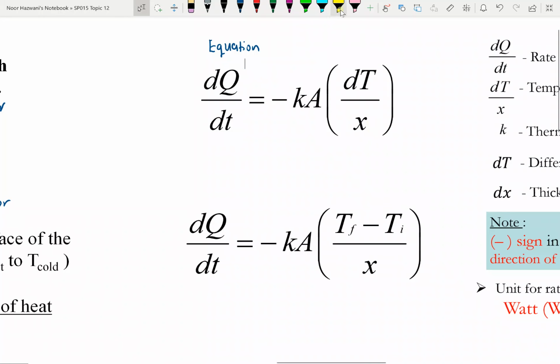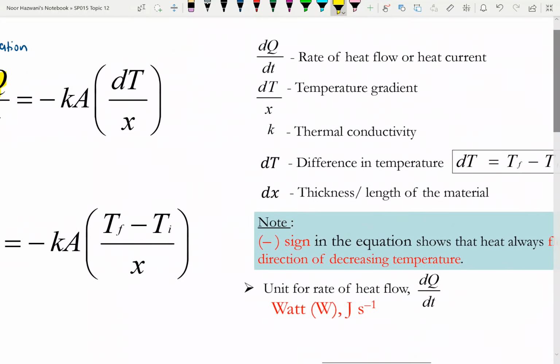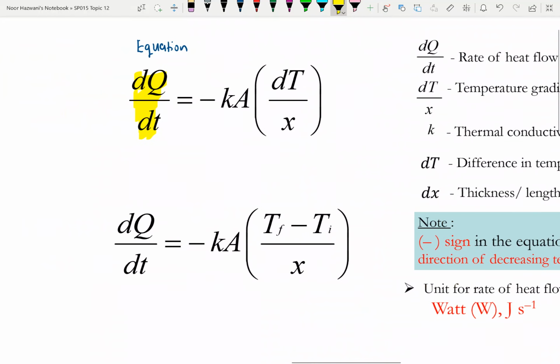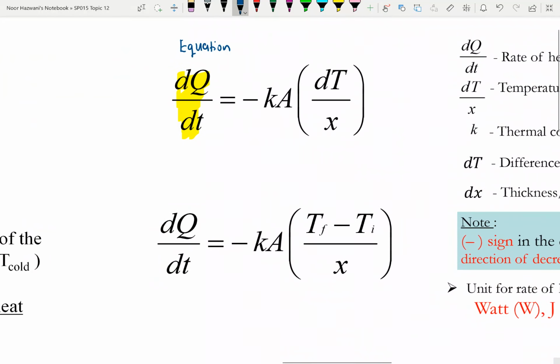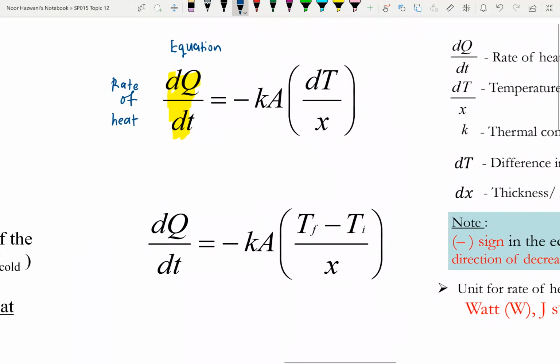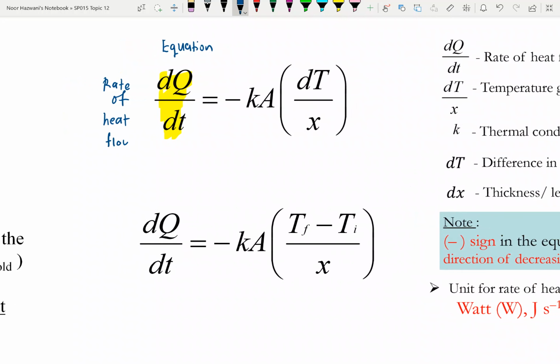So, dQ per dt ini apa? dQ per dt adalah rate of the heat flow or heat current. Okay, dQ per dt tu.